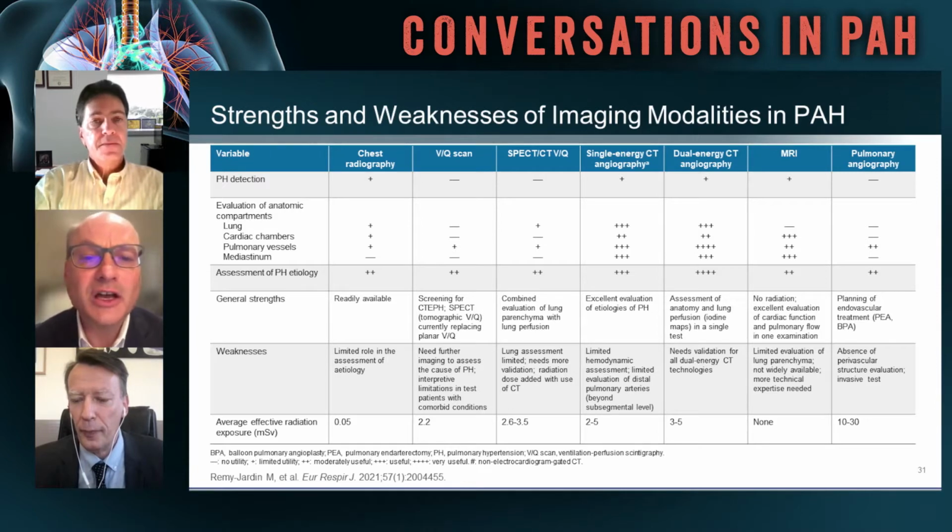Now, SPECT or other modalities, particularly CT, we have not embraced, and a lot of this is related to radiation in small children. But MRI is being used more and more as we get so-called free breathing sequences, which allow us to not sedate younger children.